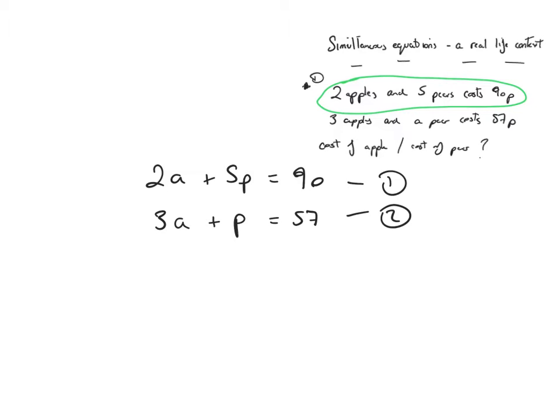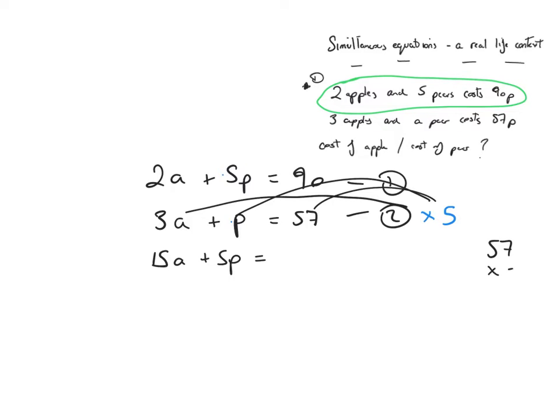Okay, so this is a question where I can eliminate p's by just manipulating one of the equations. So what we're going to do is bring this p up to 5p by multiplying that equation by 5. So everything in this equation gets multiplied by 5. So 3a times 5 is 15a, p times 5 is 5p, and 57 times 5, well, just go aside, take your time. 5 7s are 35, 5 down, carry 3, 5 5s are 25, plus 3 is 28, 285.